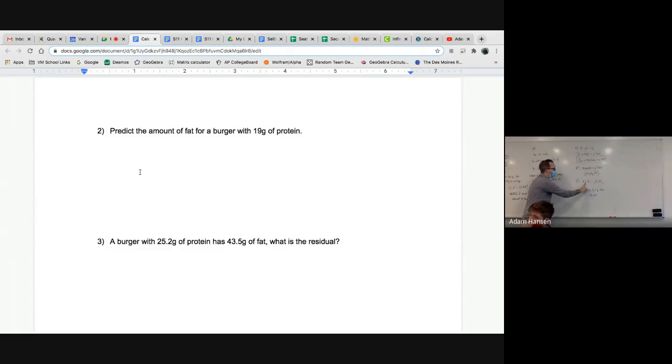This sandwich actually has 43.5 grams of fat when I expected it to have 31.27 grams of fat based on it having 25.2 grams of protein. It has more fat than it should. What's this positive residual equal to? How much more fat does this sandwich have? 12.23.